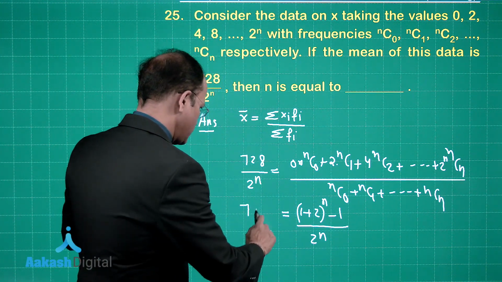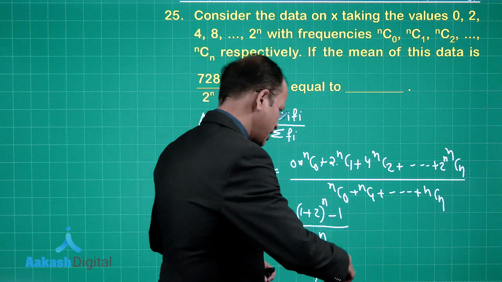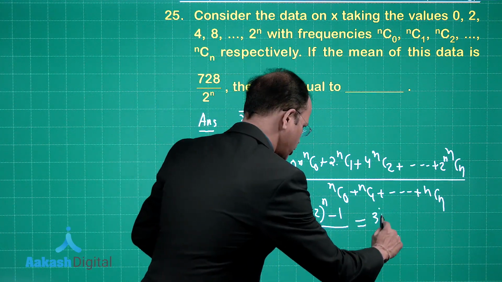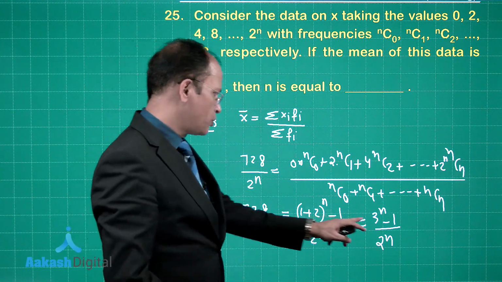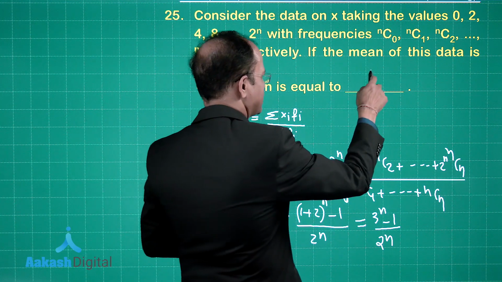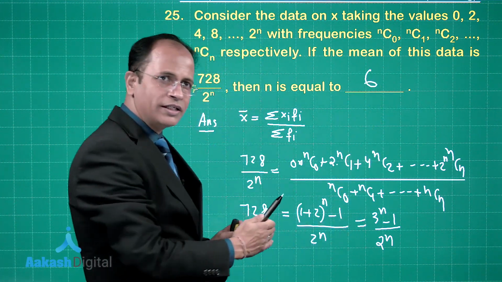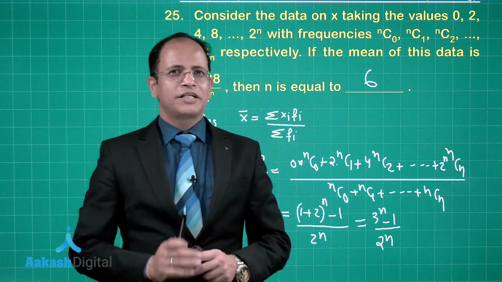So this is 728 divided by 2 raised to the power n. So this is nothing but we have 3 raised to the power n minus 1 upon 2 raised to the power n. So 3 raised to the power n minus 1 is equal to 728. So that means n should be 6, then only this equality is satisfied. So the answer is 6.